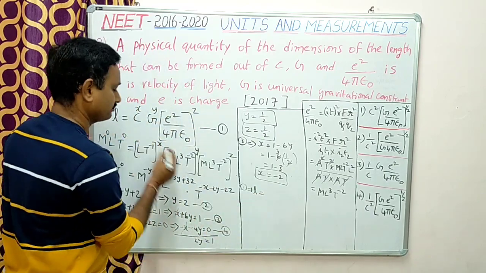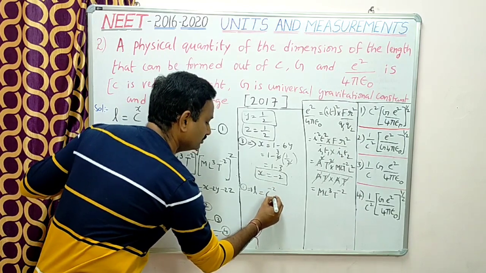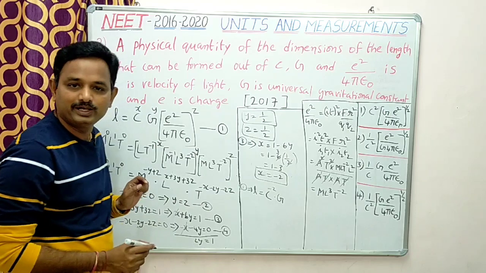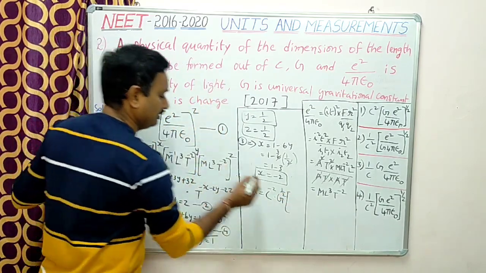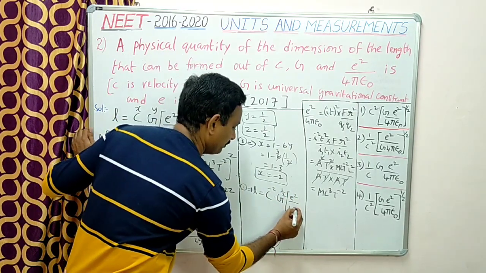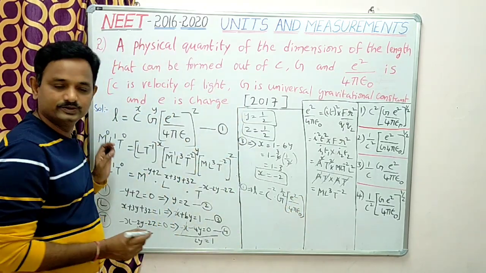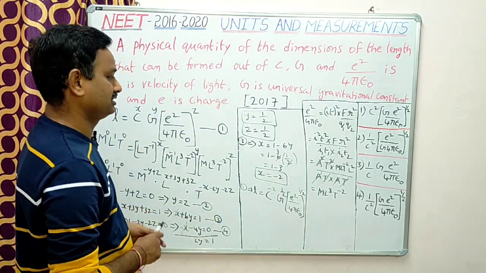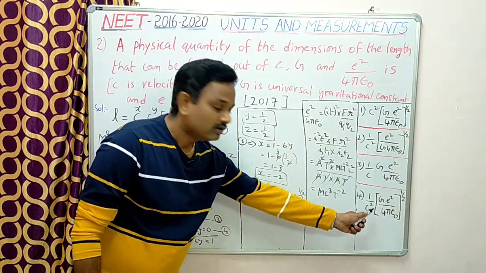L equal to c power x, c power minus 2, into G power y means 1 by 2, into bracket of e square by 4 pi epsilon naught, z means power 1 by 2. So if I see the options, from the given options, I can write in the form of option 4.